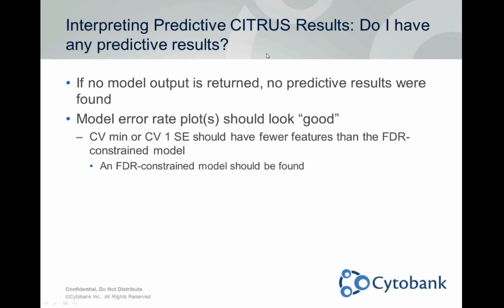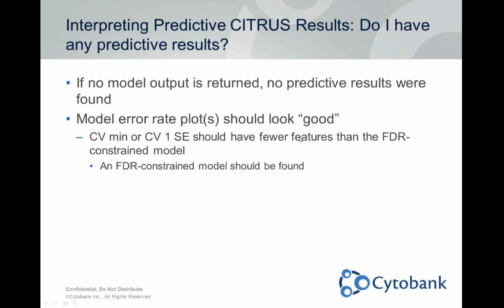So how do I interpret these results? Here we'll take a step into general interpretation of both models, and specifically in this case the predictive model. After you've run these, after you've changed the settings to find your minimum cluster size, and then repeated CITRUS 3 times or 5 times, what do you do with the results?